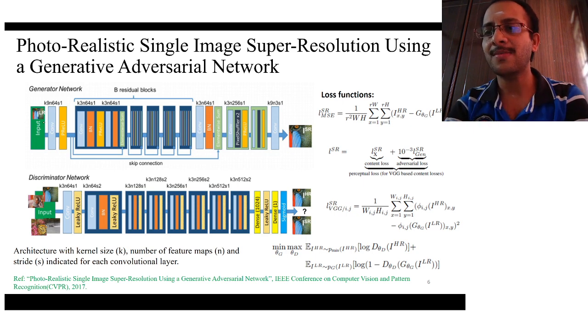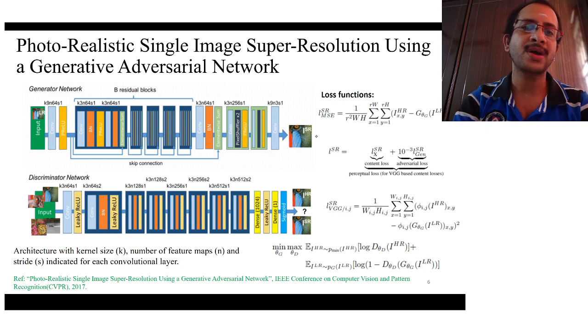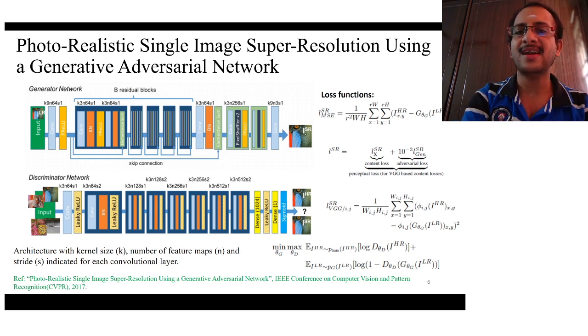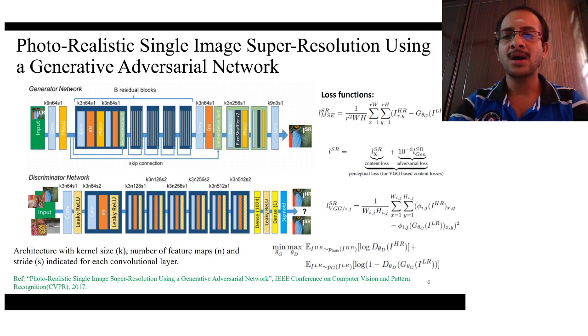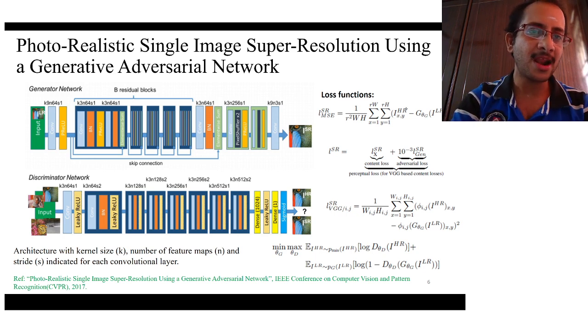So if the original image is 128 by 128, then we can accomplish up to 256 by 256 if it is upsampled by 2, and if the architecture is modified to achieve 4x, that is 4 times the super resolution, then we will get 512 by 512 here. And the cost function usually used in this kind of super resolution through deep learning is a mean square error based cost function.